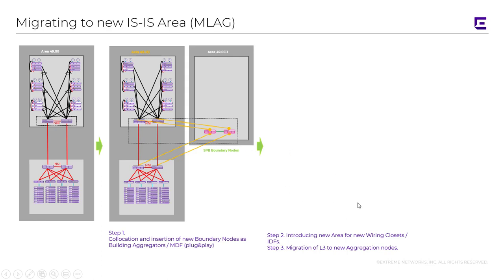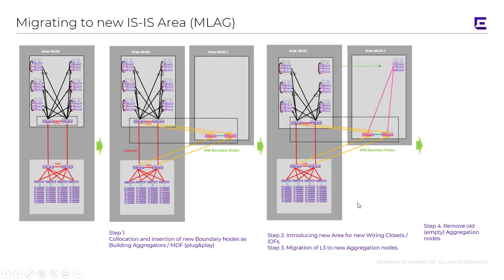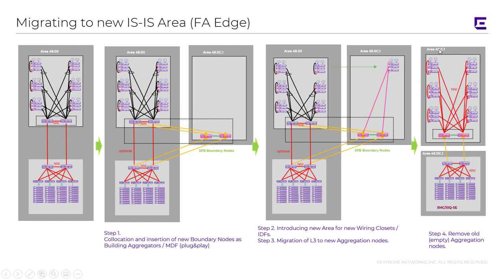So these boundary nodes would then exist. We would then be able to start to pull services. So in this example, we're taking this stack and decommissioning it, and then we're bringing up Fabric to the edge equivalent to it. And basically, at that point, we would be able to move from an MLAG to the new area. And then eventually we move to the concept where we have a totally separate area network interconnecting down to the data center.